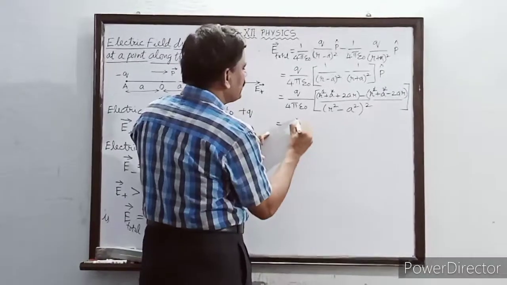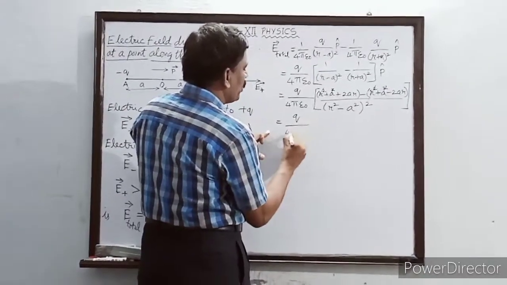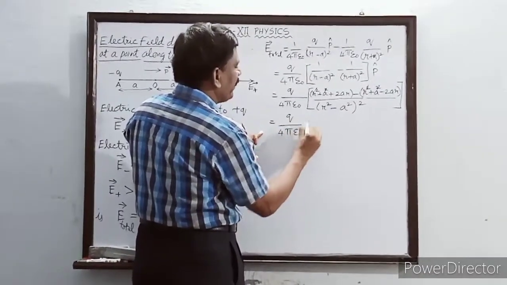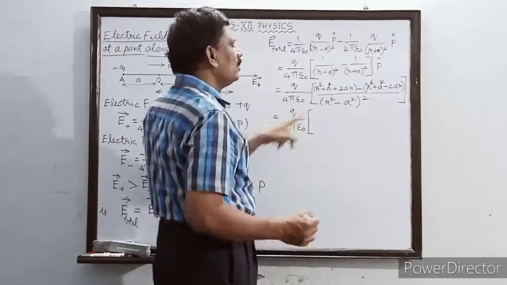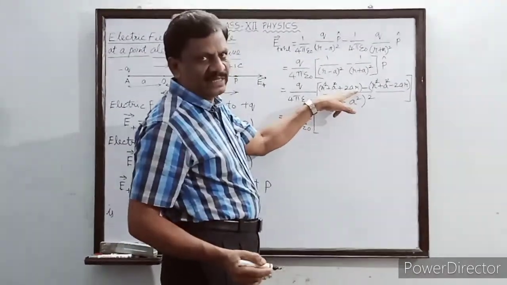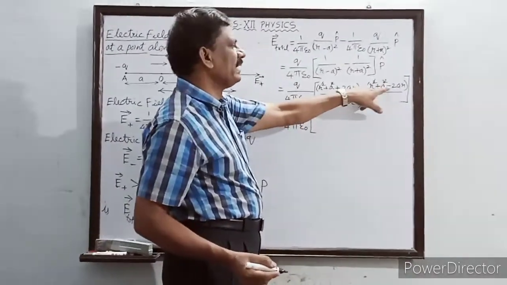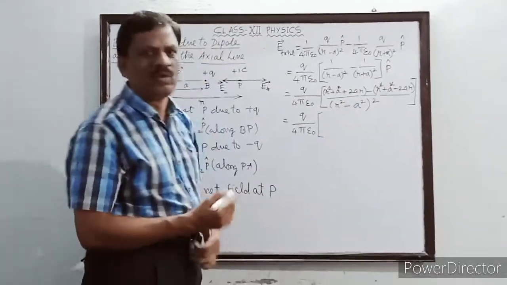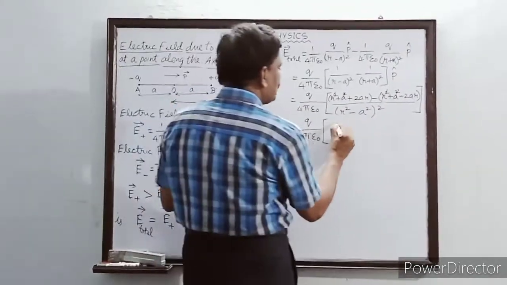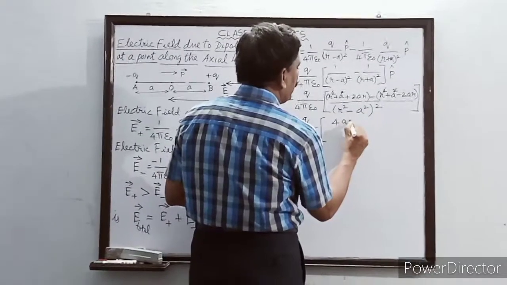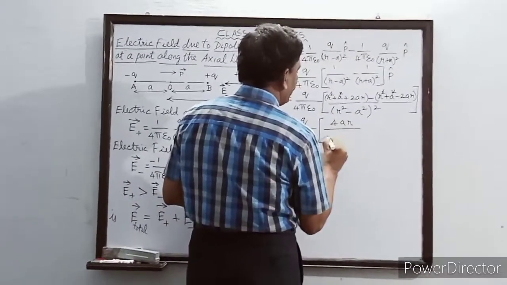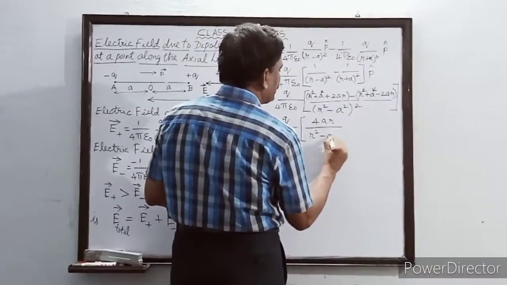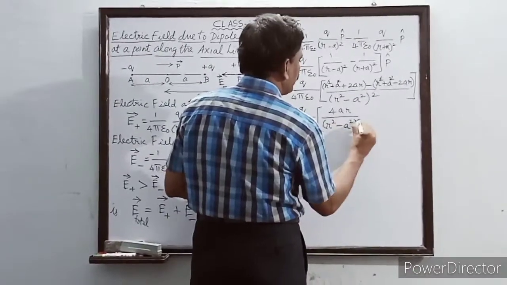So the remaining terms: this is equal to Q divided by 4π ε₀ into 2ar, and minus of minus 2ar will become 4ar. So this is equal to 4ar divided by (r² − a²) the whole square.